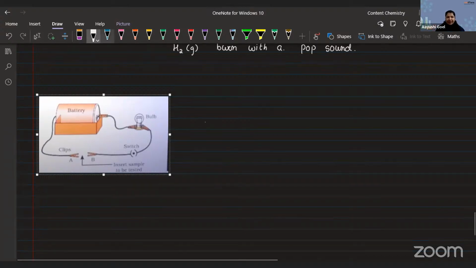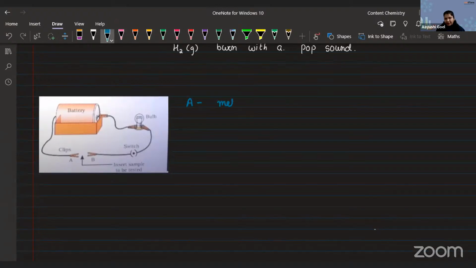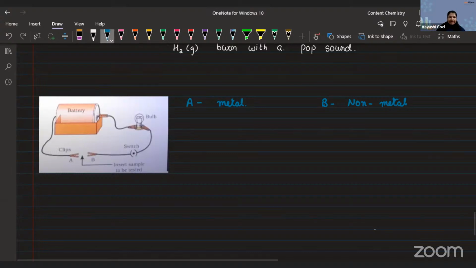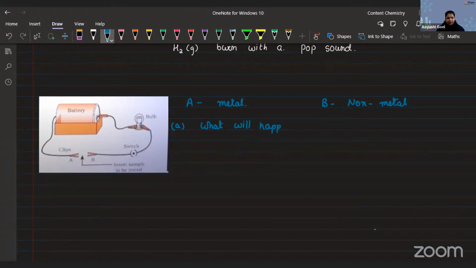So here let's say A is a metal and B is a non-metal. Any non-metal we can take. So what will happen if I club them together? This is the A part. If we plug them together.